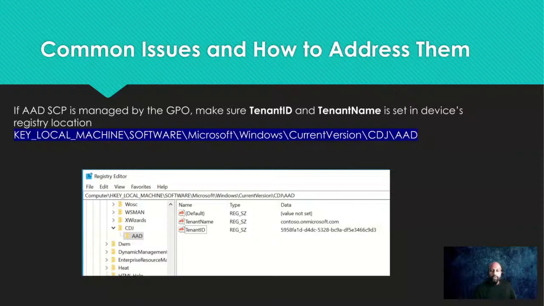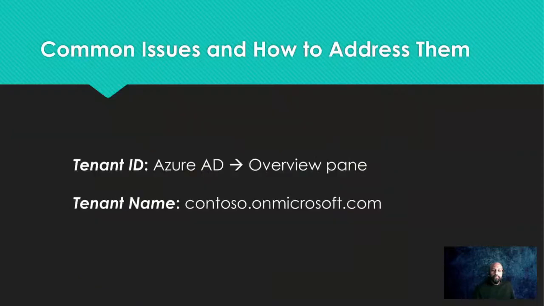They are not coming by default, so you have to create those, as well as fill in those values, tenant name and the tenant ID, with the proper information. You can find the tenant ID from the Azure AD; if you go to the overview pane, you can see the tenant ID there, as well as the tenant name, the domain.onmicrosoft.com name should be your tenant name.